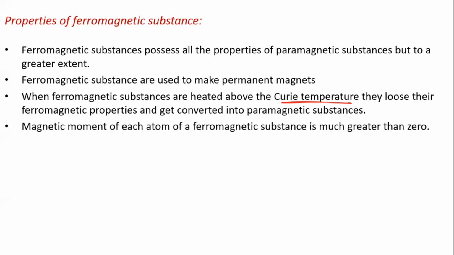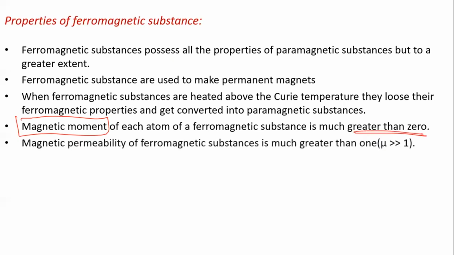Next, the magnetic moment of each atom in a ferromagnetic substance is much greater than 0. Then magnetic permeability: it is much greater than 1.